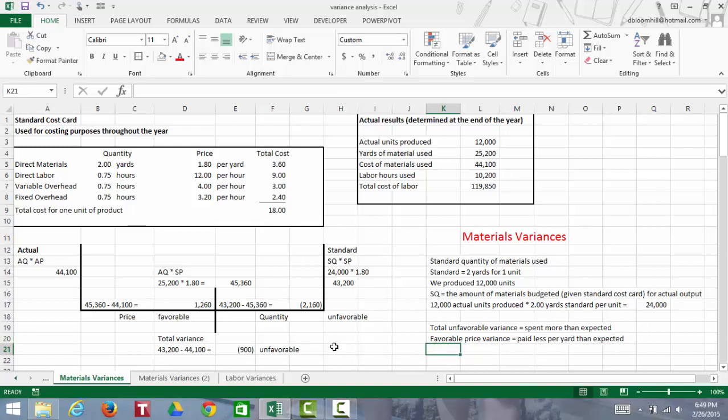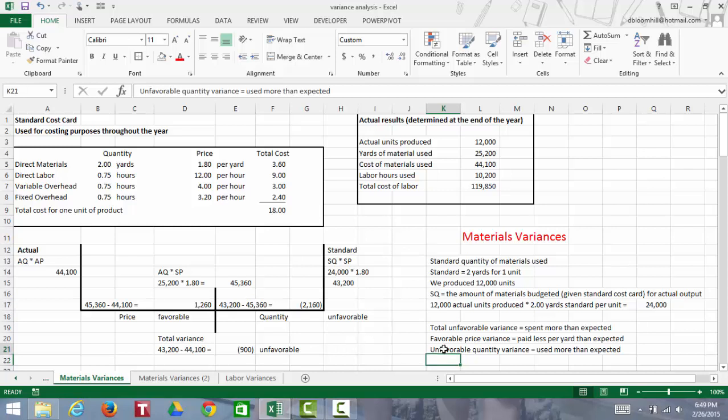The unfavorable quantity variance means that you used more material than you expected. And the overall unfavorable variance once again means that the favorable price variance didn't compensate for the unfavorable quantity variance.